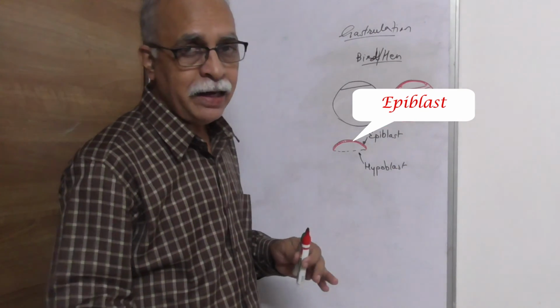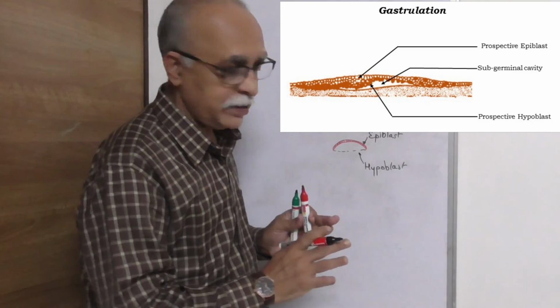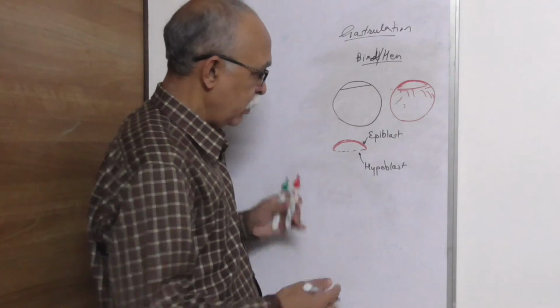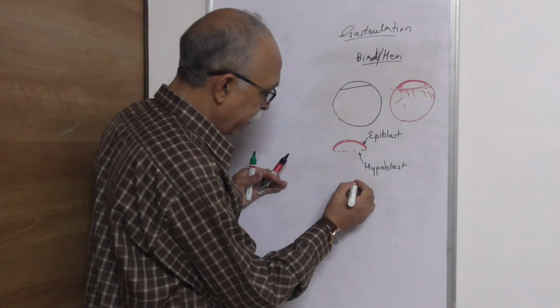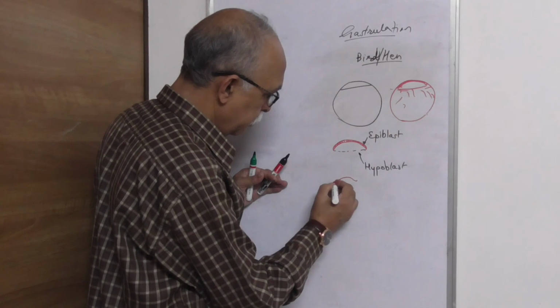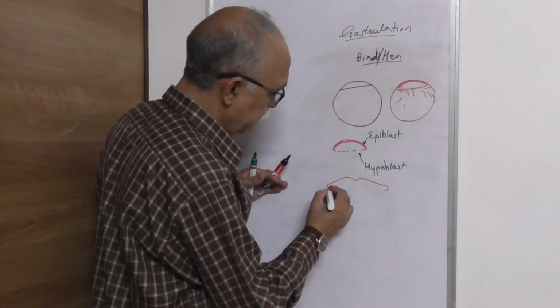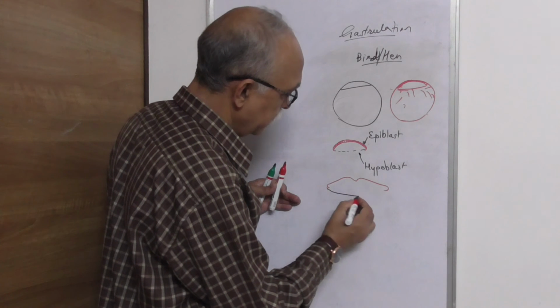Let's keep in mind the entire embryo would be developed from epiblast cells. Hypoblast would not have any role in the formation of embryo. The epiblast cells will continue to multiply, continue to divide. Here it is all hypoblast.